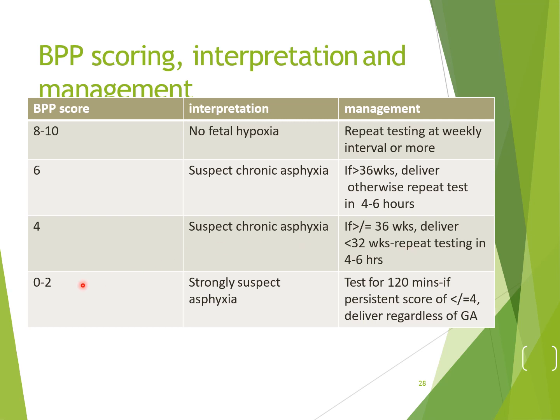And if the score is less than 2, it indicates strong asphyxia, and the test is repeated in 120 minutes. If the score persists at less than 4, go for the delivery of the baby regardless of the gestational age. So that's all about the interpretation of the biophysical profile or Manning score.